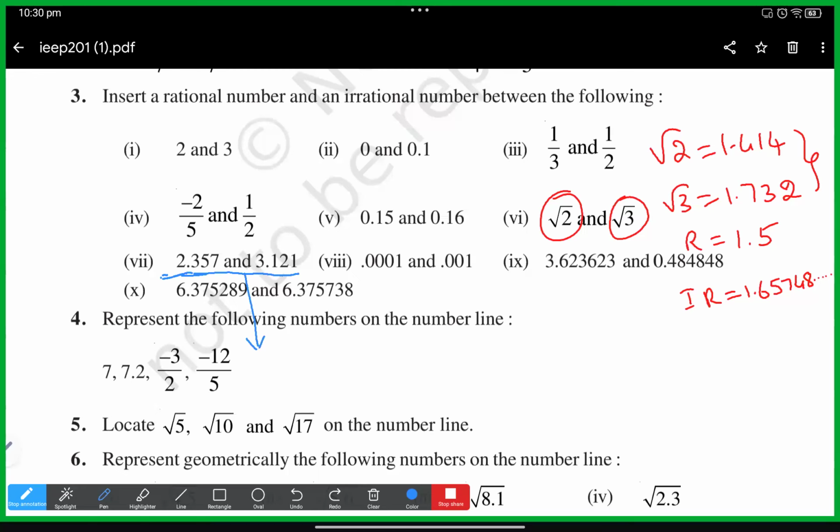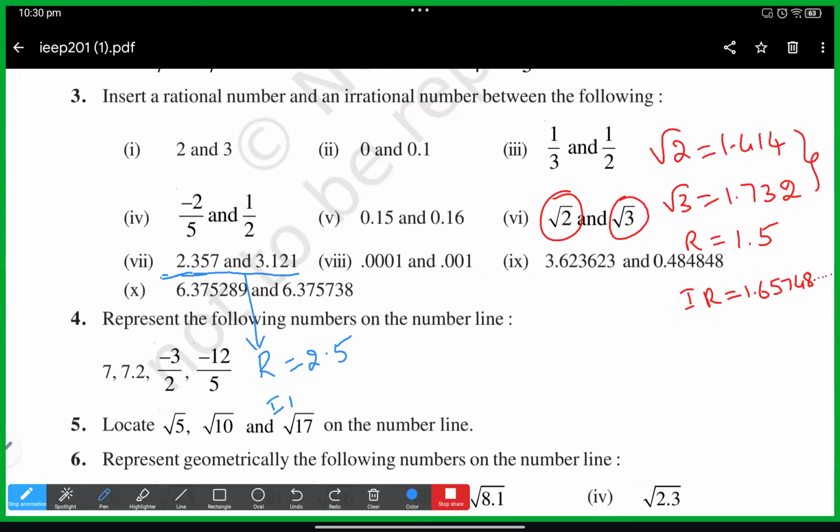We can take 2.5, right, sir? Yes, 2.5 is correct. So for rational number in between them, 2.5.